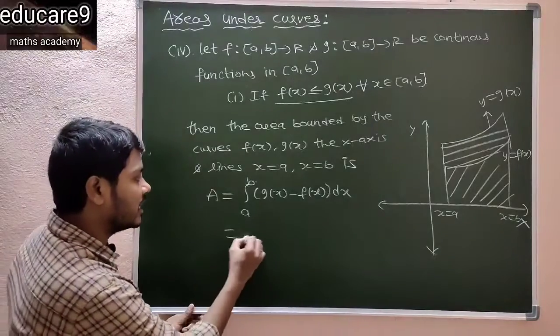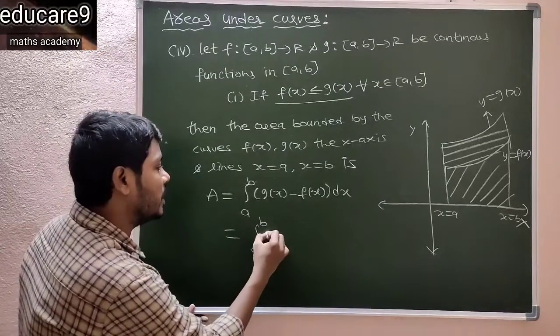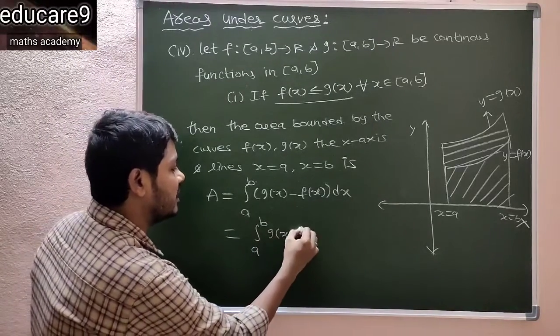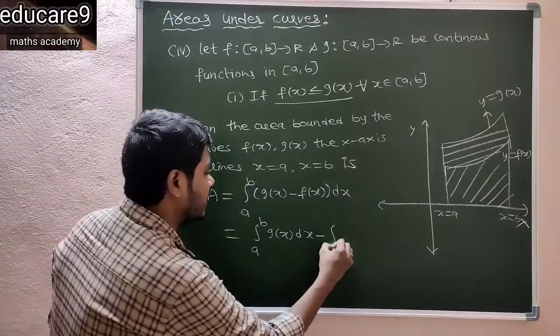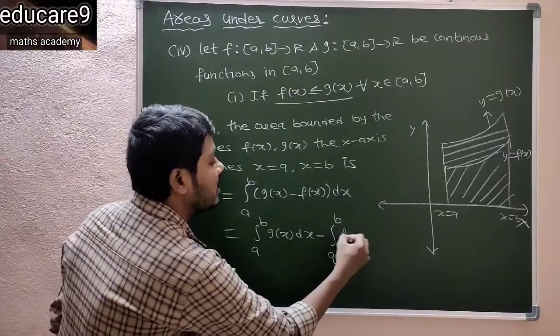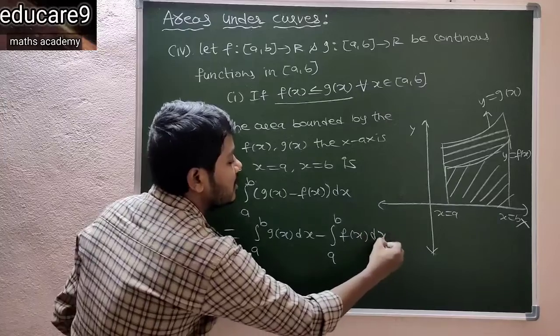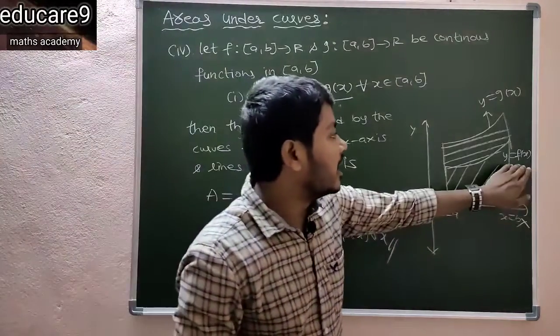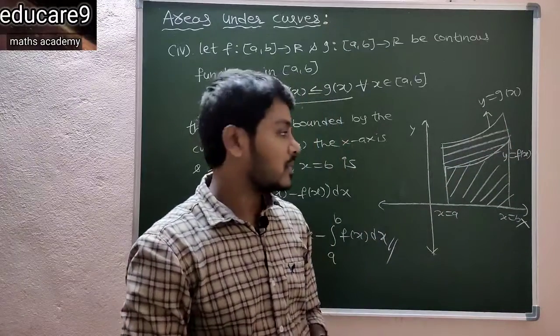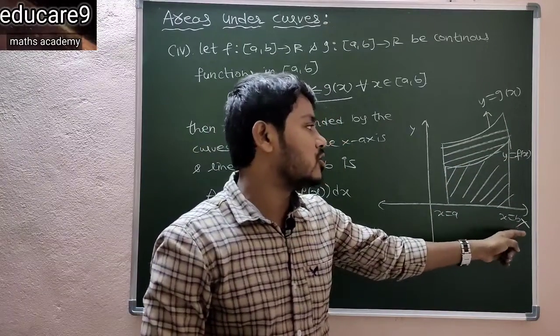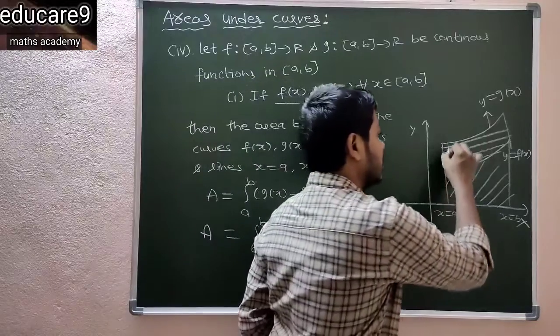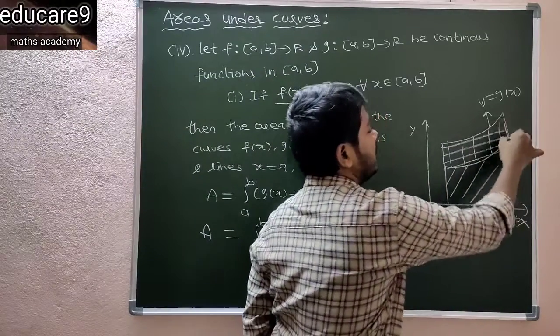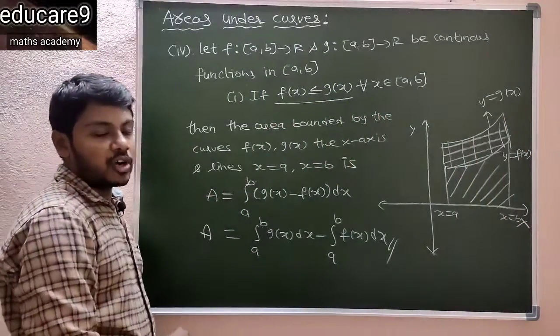So this is integral a to b g of x dx minus integral a to b f of x dx. So this is the area under the curves f of x, g of x and the lines x is equal to a, x is equal to b, and the x-axis. So this area. Okay, so this is the first case.